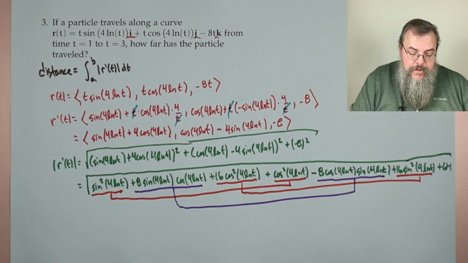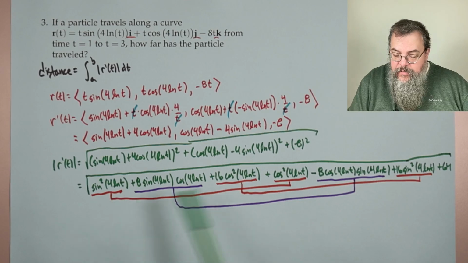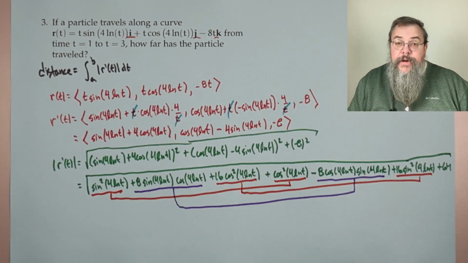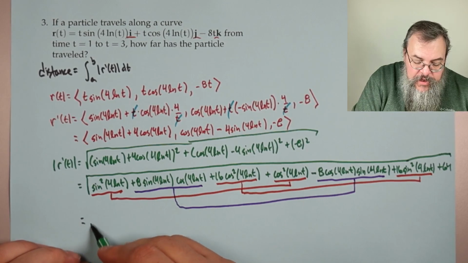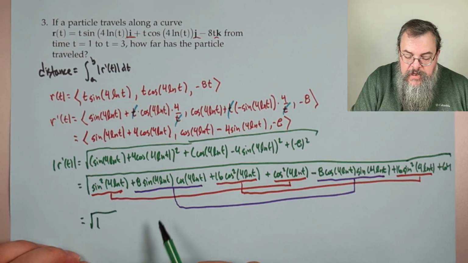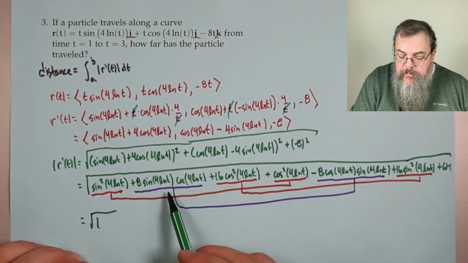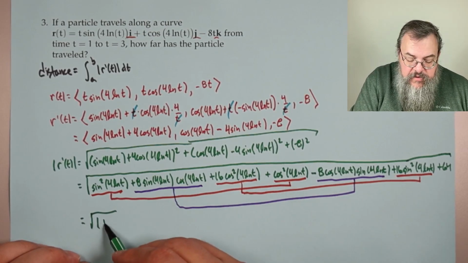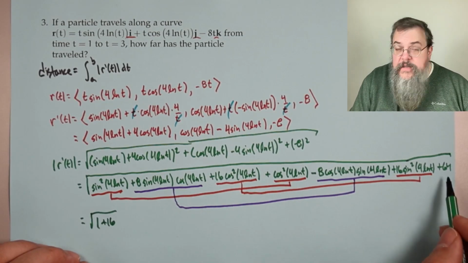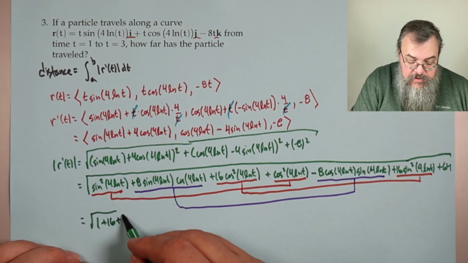So what do we have? Well, we have from this sine squared plus that cosine squared, that becomes 1. Okay, so we have square root of 1. These terms are gone. This 16 cosine squared and that 16 sine squared becomes 16. And then that 64 becomes 64.